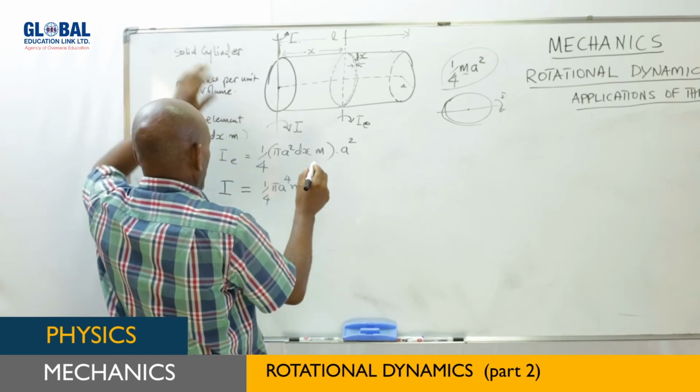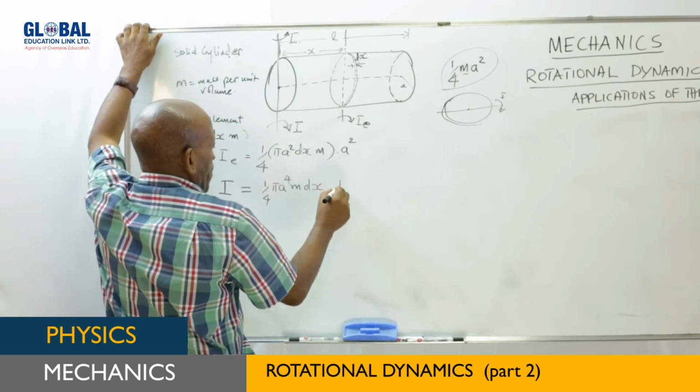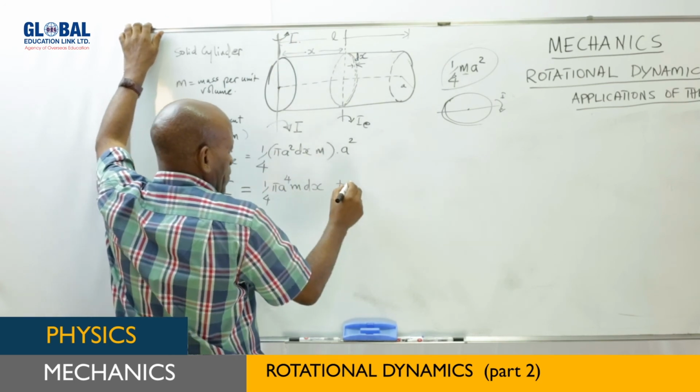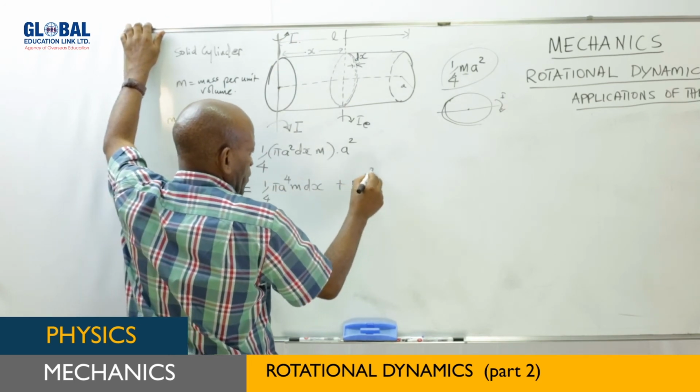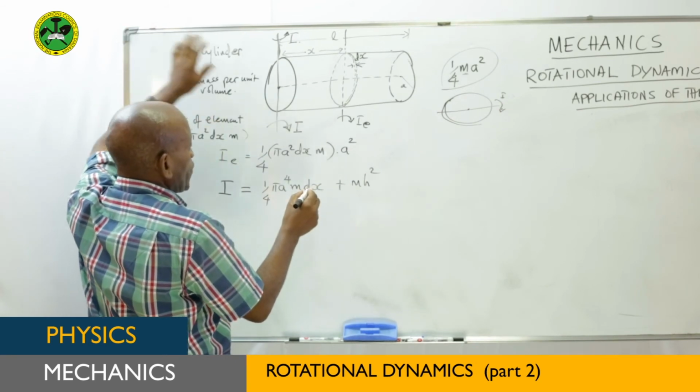This will be the moment of inertia through this axis, plus m times h squared, m being the mass of that particular element.